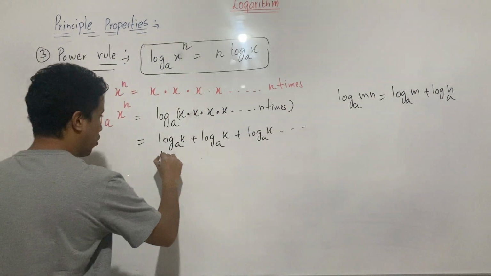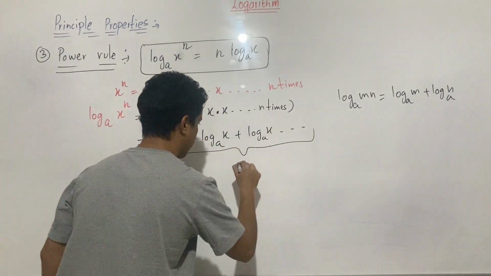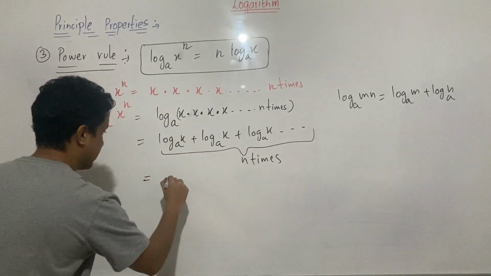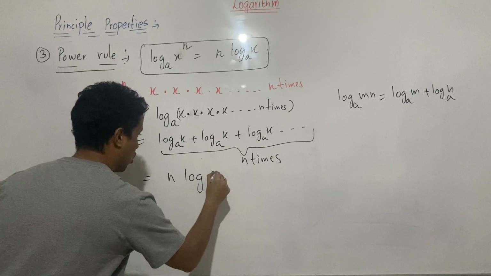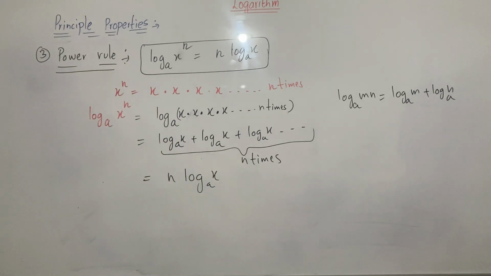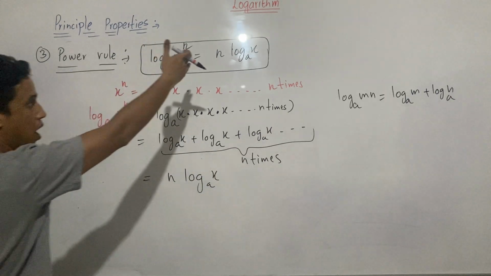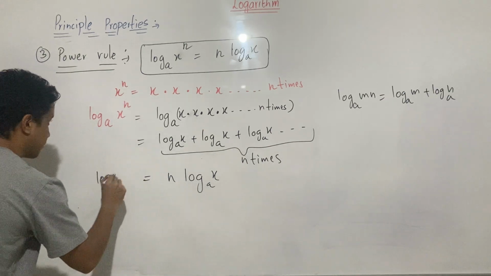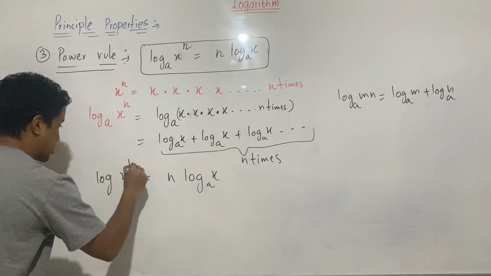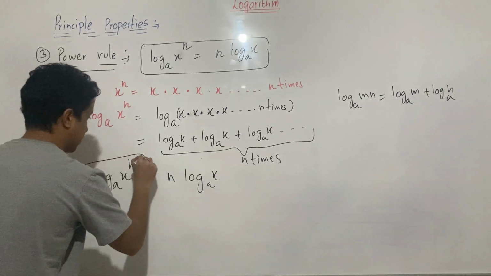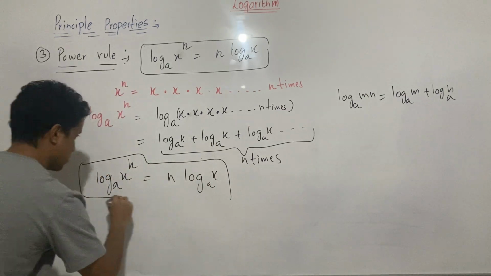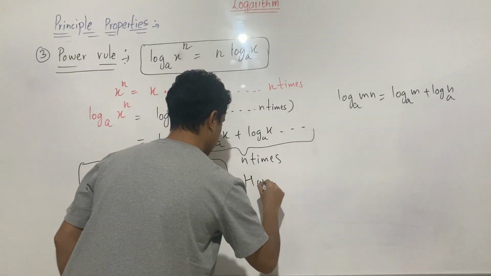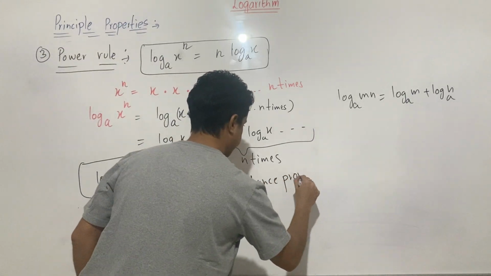Now how many times will this happen? n times. Okay, so what does it mean? It means it is n log x to the base a, right? So that's what it says. Therefore log of x raised to the exponent n to the base a is this. Okay, so hence proved.